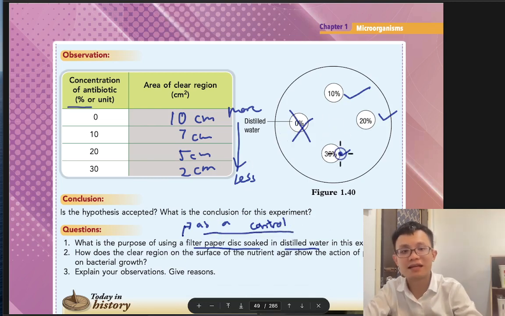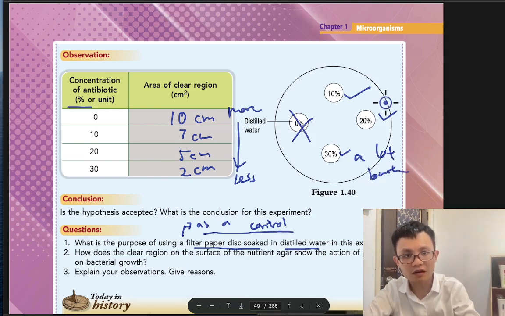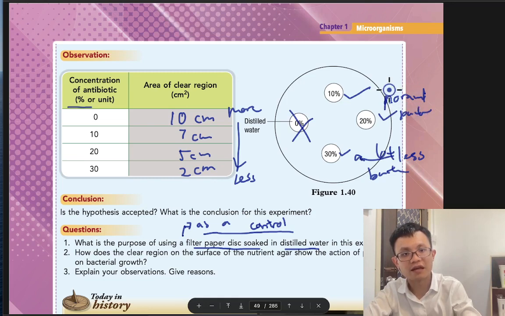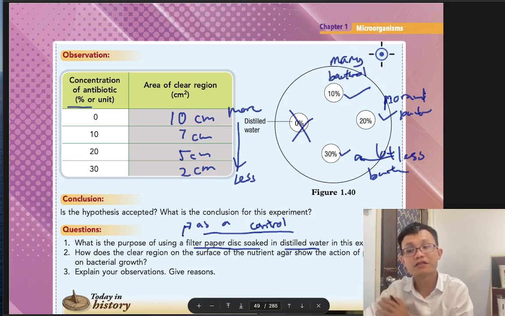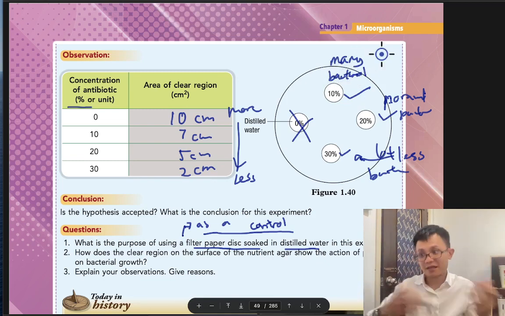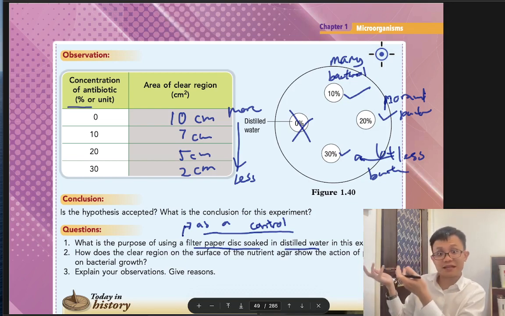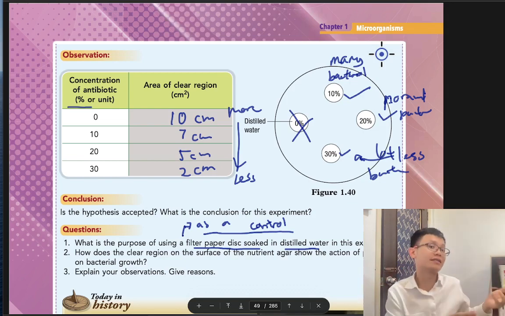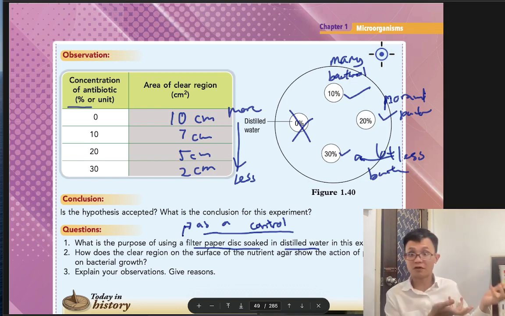Let's say here got a lot of bacteria, here got a little bit, here got less bacteria, here got normal bacteria, and here got many bacteria colonies. Okay, so the experiment is valid. I mean, it's okay, because you put less antibiotic so more bacteria.